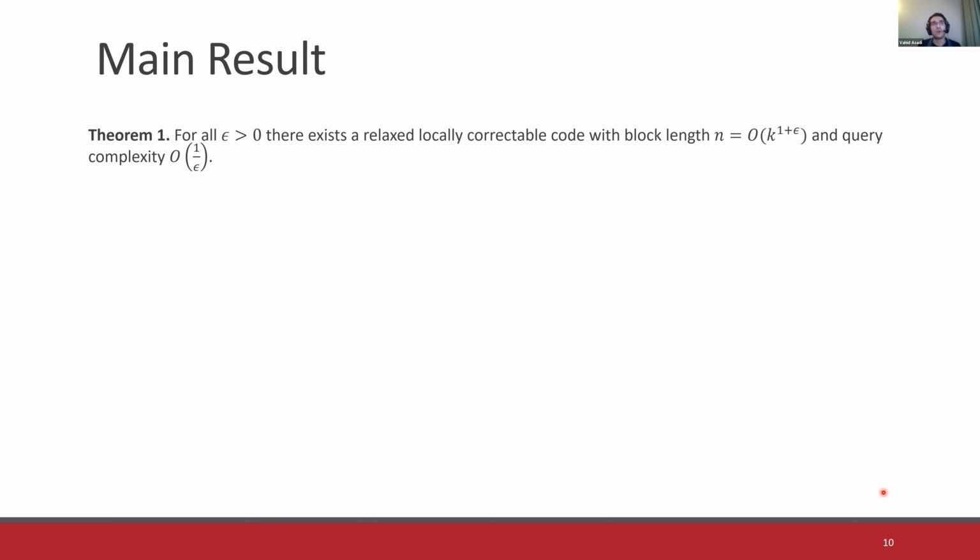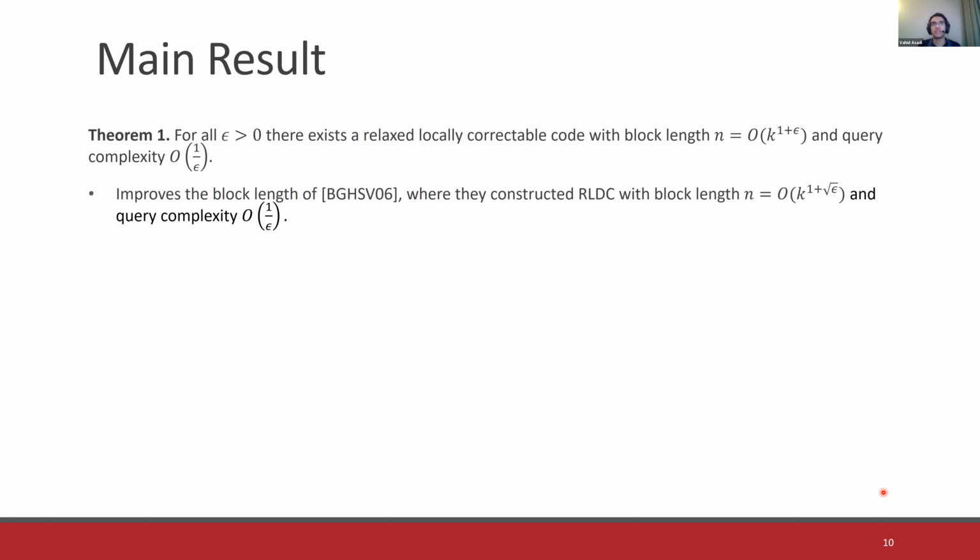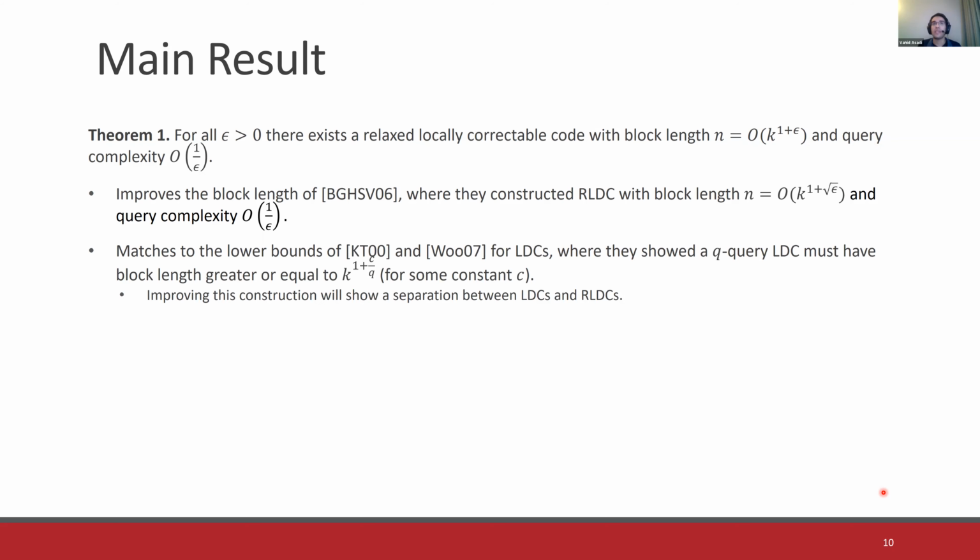This construction improves the block length of the original work of Ben-Sasson et al., where they constructed an RLDC with block length equal to O of k to the power 1 plus square root epsilon with the same query complexity. And it also matches the lower bounds of Katz-Trevisan and Woodruff for LDCs, where they showed that an LDC with query complexity q and message length k should have a block length greater or equal than k to the power 1 plus c over q, for c some constant.